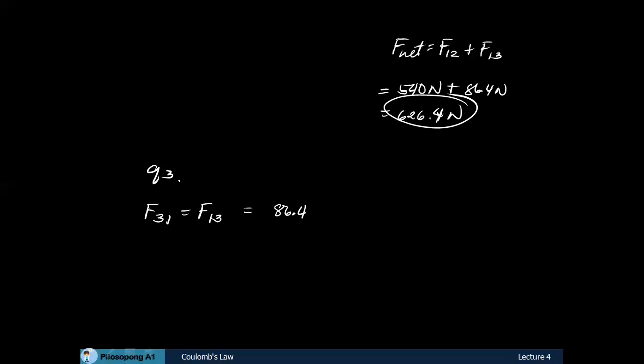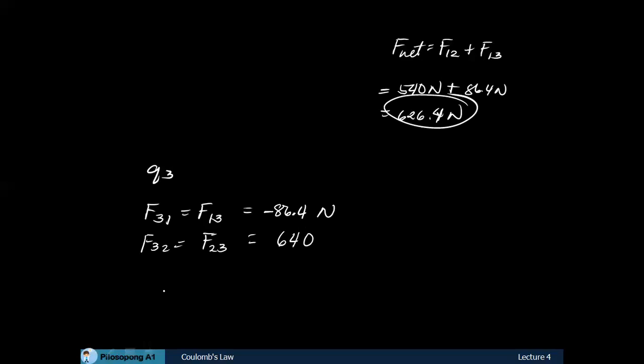Since Q1 is positive, Q3 is attracted to the positive charge, and this will have a negative sign. And then F32 is also equivalent to the computed value of F23, which is 640 newtons.